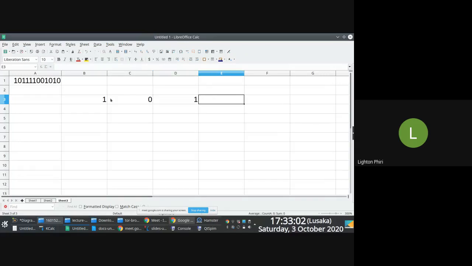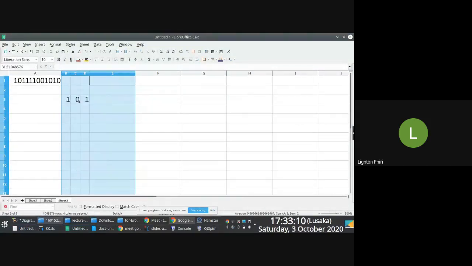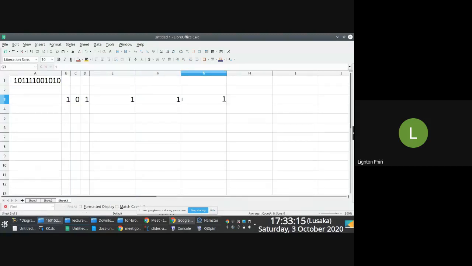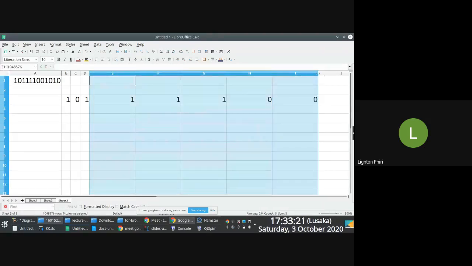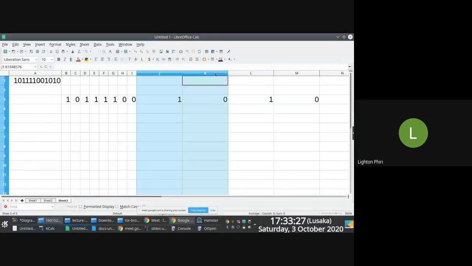So we have 1, 0, 1, three ones, two zeros, and then 1, 0, 1, 0.